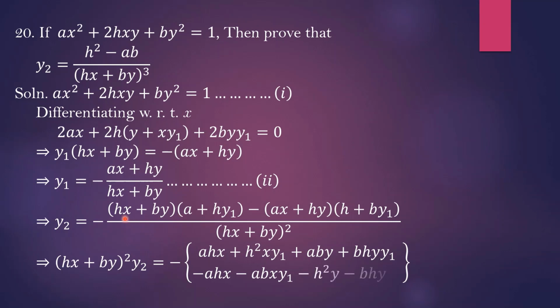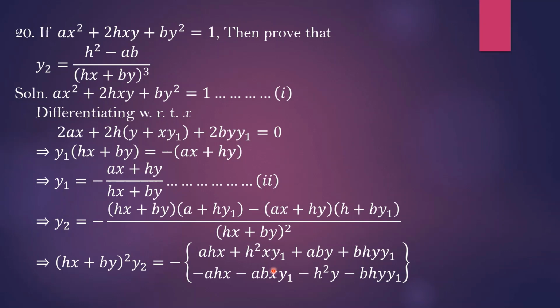a is x, then h square x y1, this, then aby, this one, then bh y1, this one. Similarly here we have completed all the products. And after that you cancel the common terms here: this term and this term will cancel out, and these two will cancel as well.